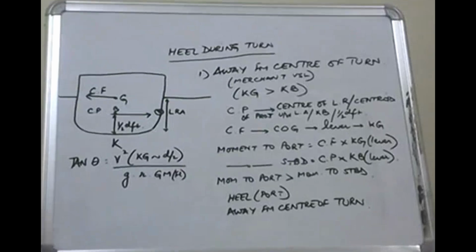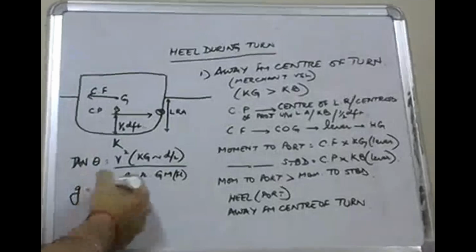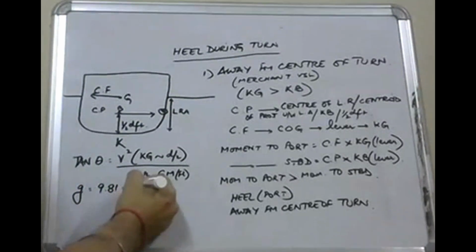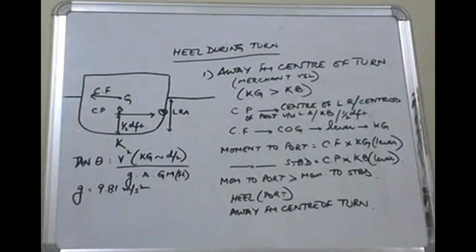This is the formula for angle of heel. g is acceleration due to gravity, 9.81 meters per second square.